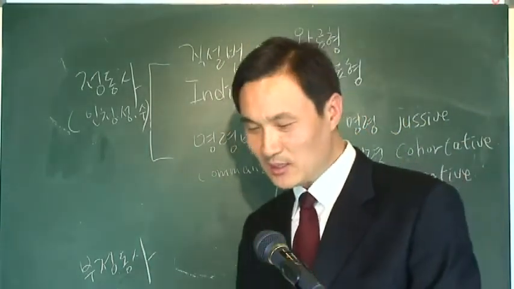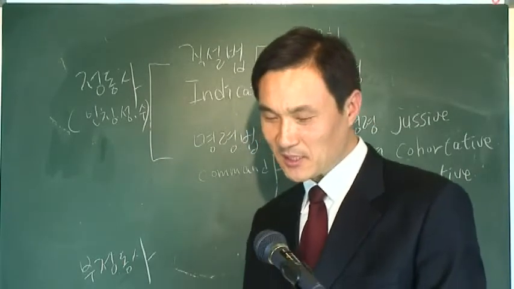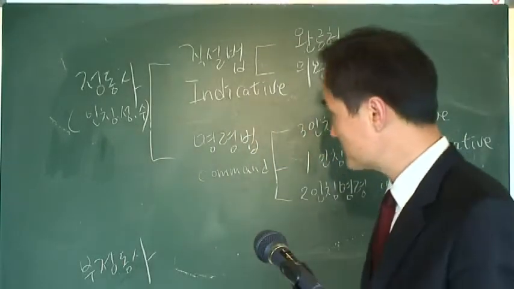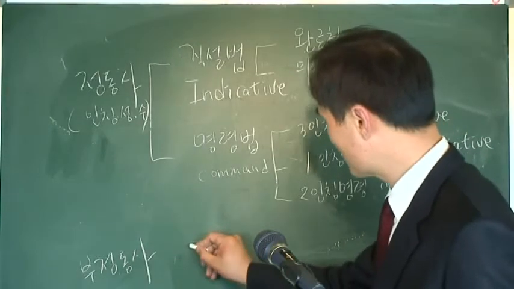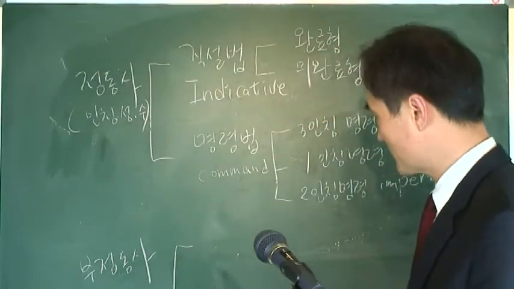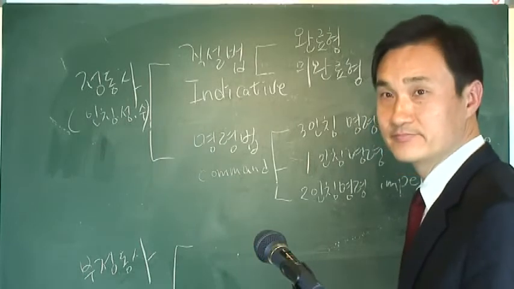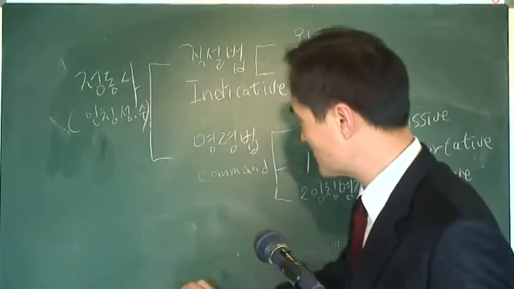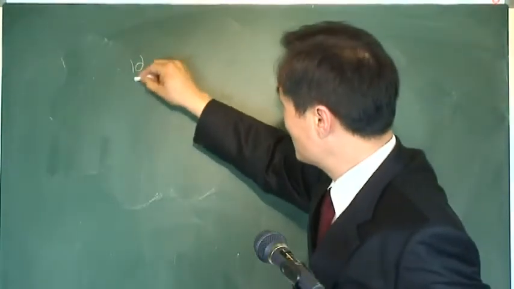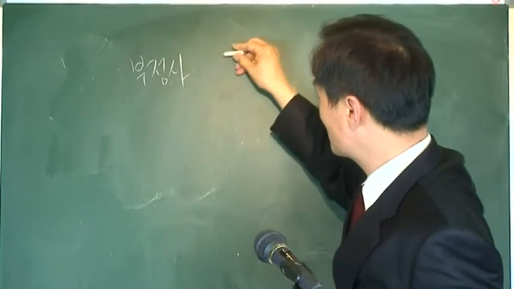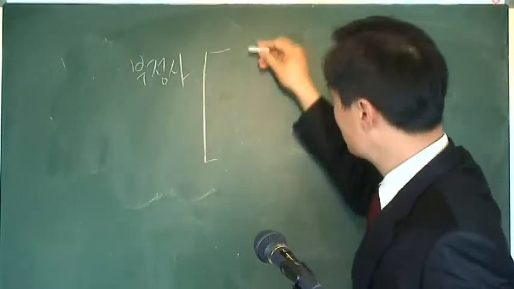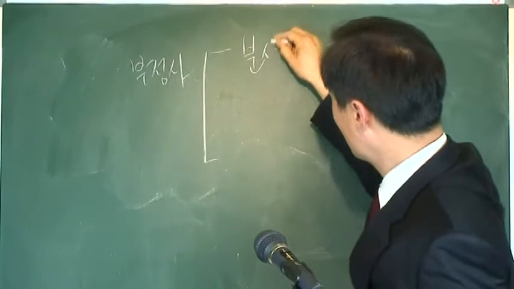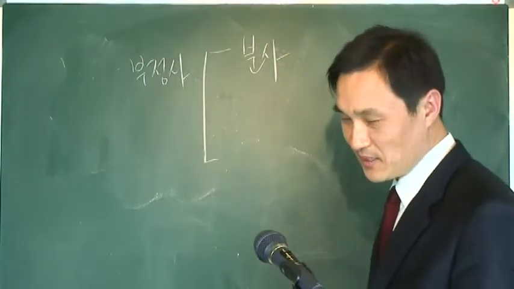These are verbs, but they do not have a person, gender, or number. Let's reorganize the non-finite verbs on the board. Non-finite verbs are separated into two main kinds.